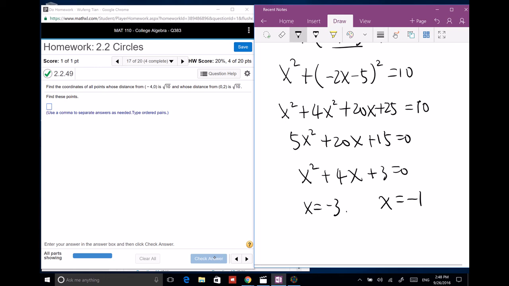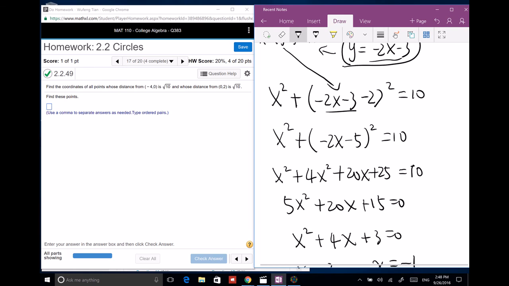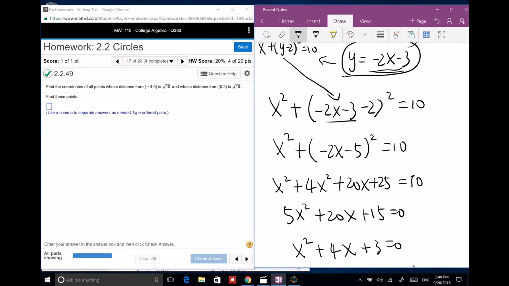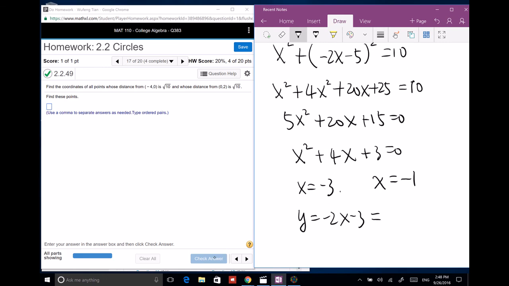Then y equals what? y equals negative 2x minus 3, from the previous one you got here. So plug it in. Negative 2 times negative 3 minus 3, which is 6 minus 3, positive 3. So the first point is negative 3, positive 3.